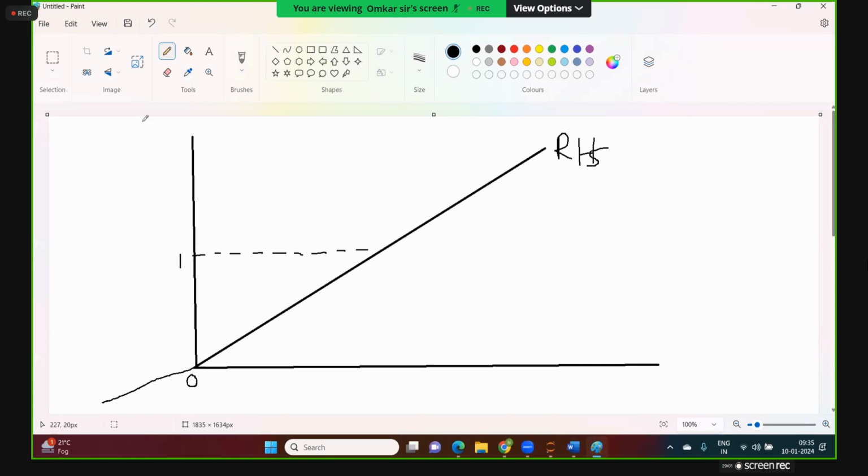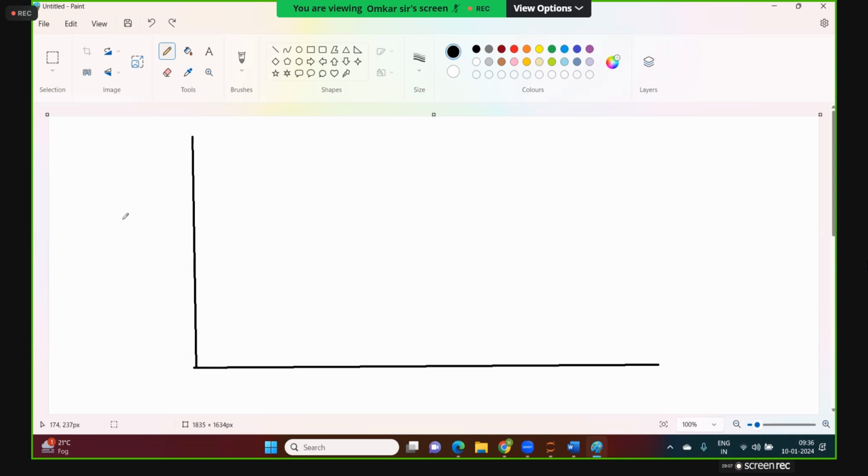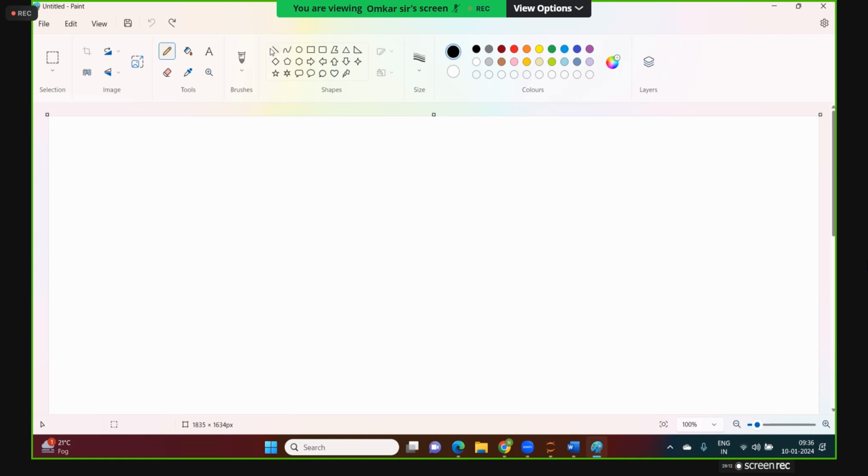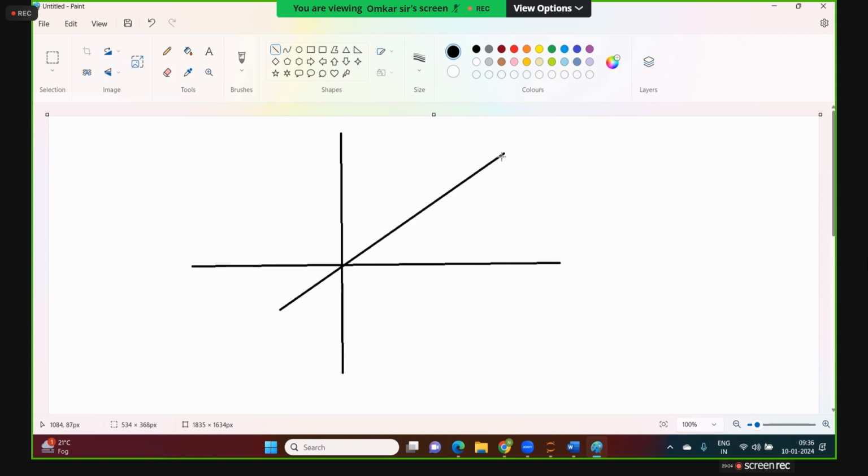So I'll draw this diagram also. Now this line going like this is the regression equation.